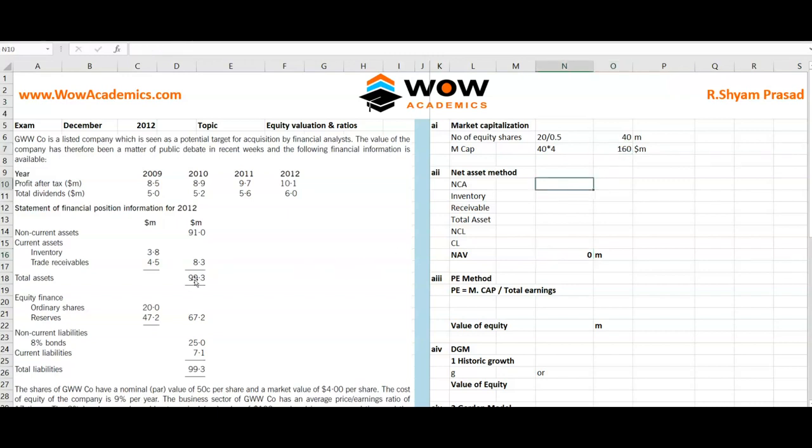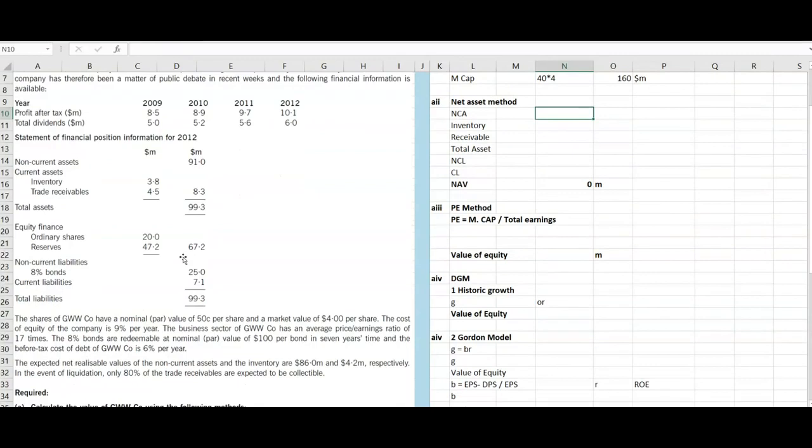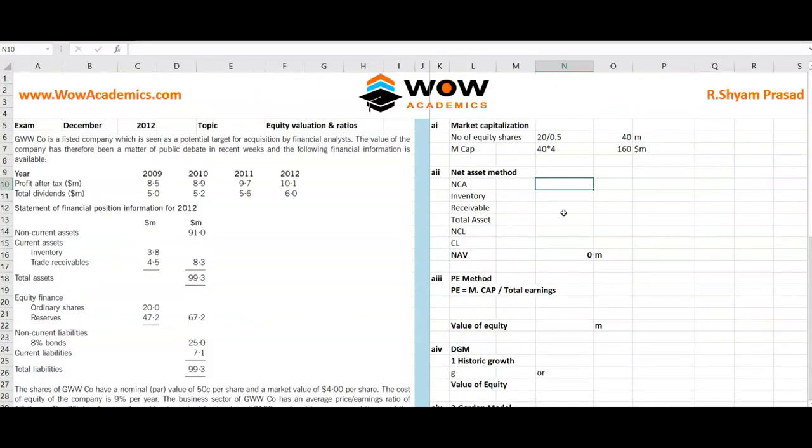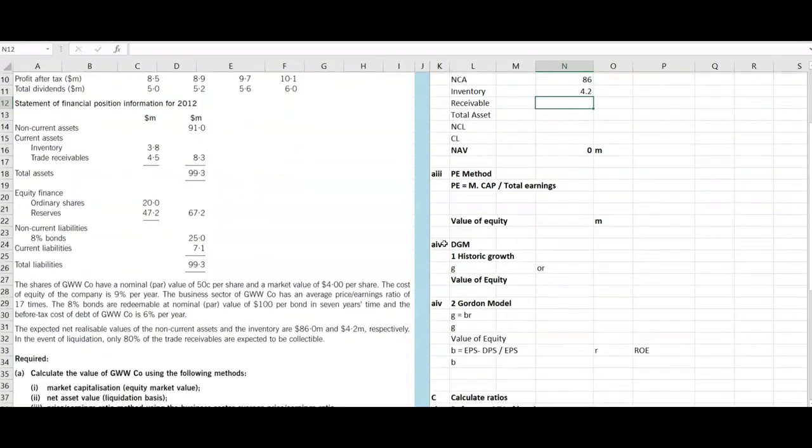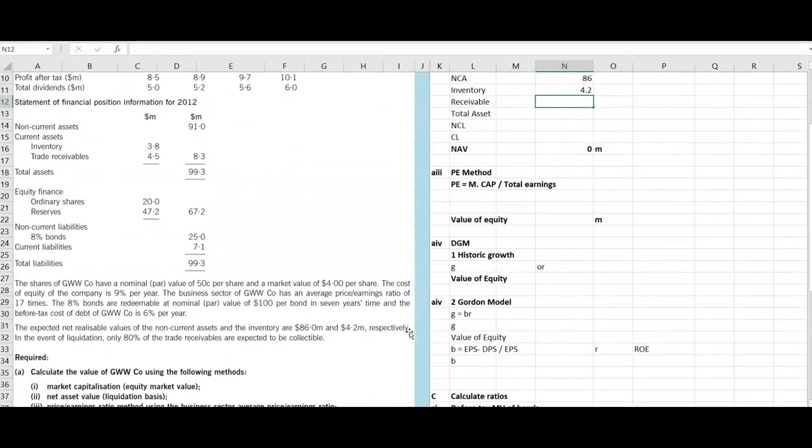So we'll start. So let's see. For realization, they have said here the non-current asset will be 86 million and the inventory will be 4.2 million. So non-current will be 86 and inventory will be 4.2 respectively.